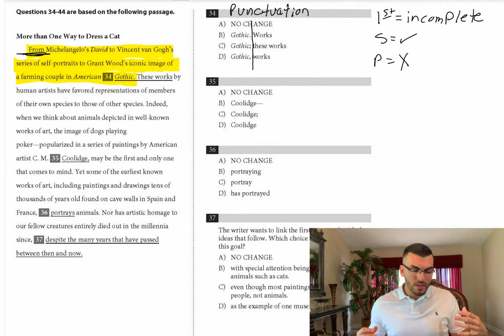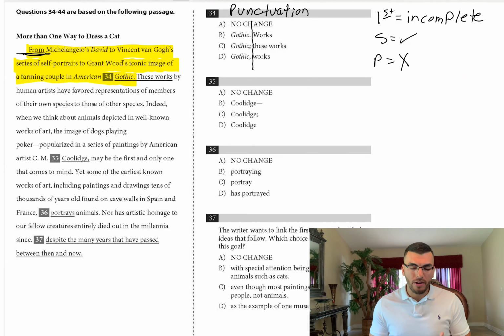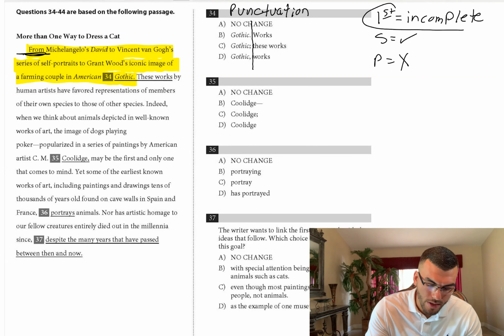Because what are those artists' works? What are they doing? What is Vincent van Gogh's series of self-portraits and the iconic images and Michelangelo's David? What are those all doing? They don't have any action. There's no predicate. So between not sounding like a complete thought and not having a predicate, those are all the reasons that the first sentence is incomplete.